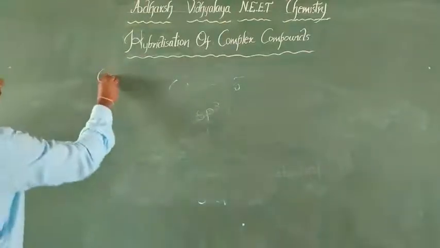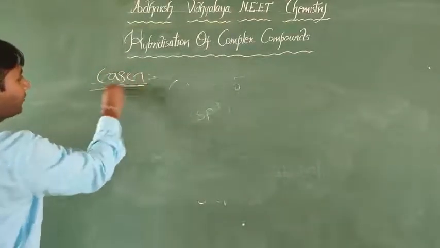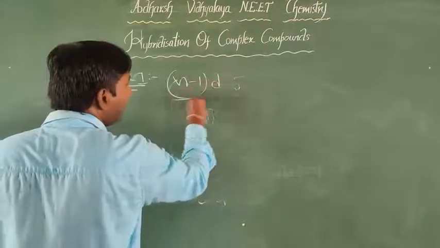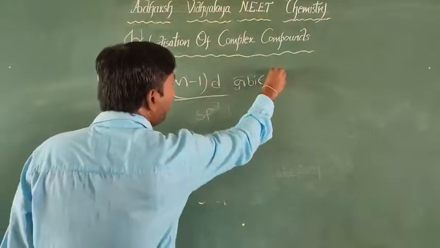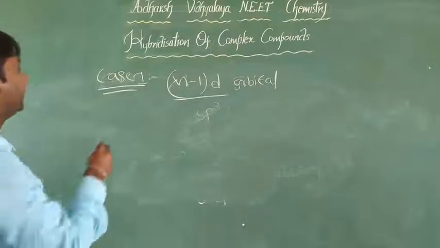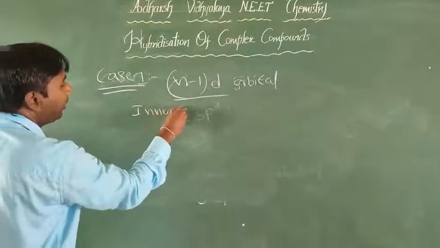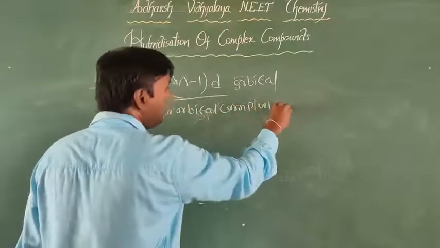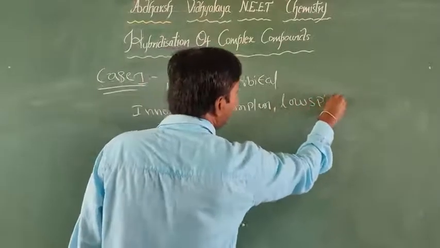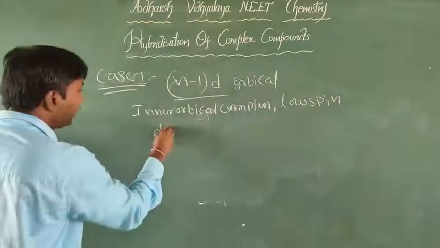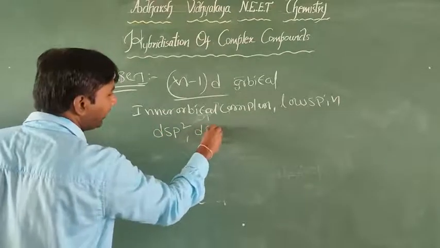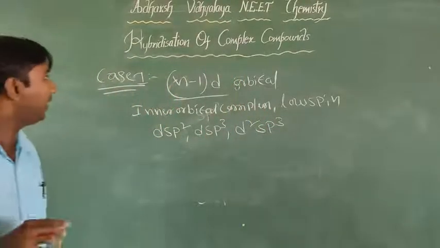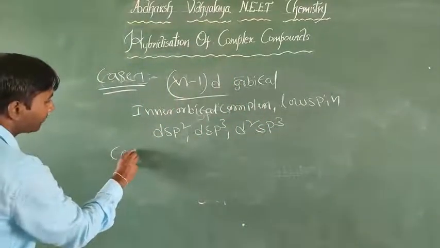Case 1: if n-1 d orbitals are involved in hybridization, that is called an inner orbital complex and low spin. Examples: dsp2, dsp3, d2sp3.